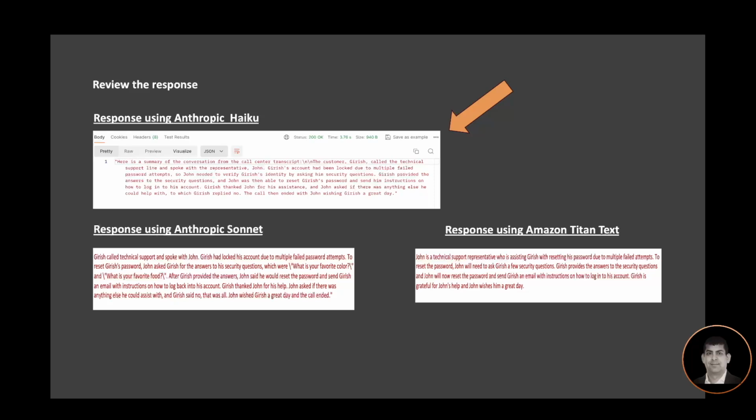When I run it through the same code, here is the response that I'm getting from Sonnet, and also another example that I'm getting from Amazon Titan. So one API, three large language models I'm able to use without any code change, and that's the beauty and strength of this newly introduced Amazon Bedrock Converse API. Pretty cool.